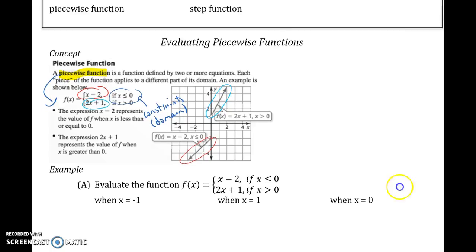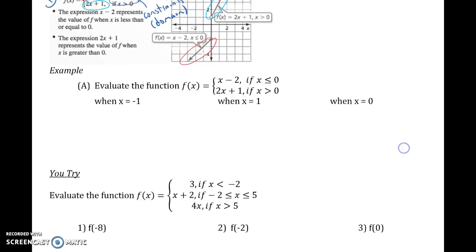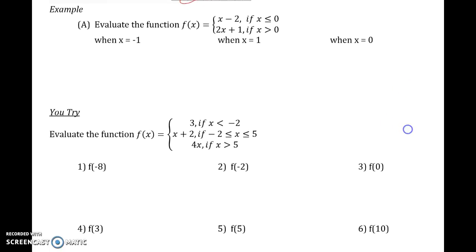So when we evaluate, like in example A, we want to look very carefully at the constraints. Again, the constraints are what x can be. So we want to know what we're plugging into when we evaluate. For example, if x equals -1, which one of these does that match up with?